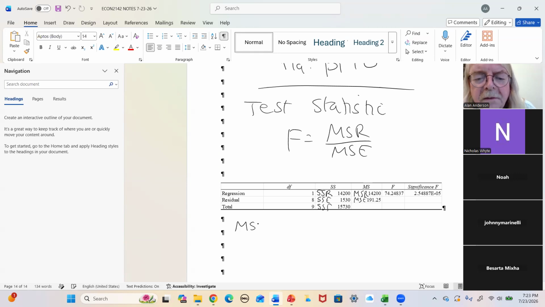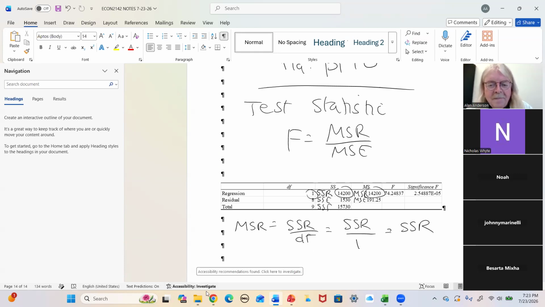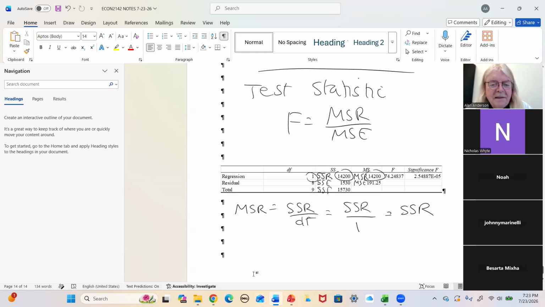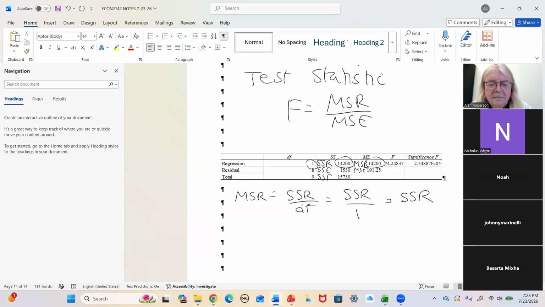So MSR is SSR over the degrees of freedom, which is 1. So these are actually equal to each other if you notice. Then we have MSE. So in other words, it's 1530 over 8.